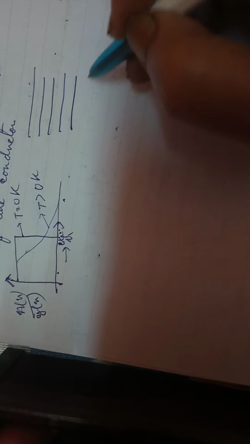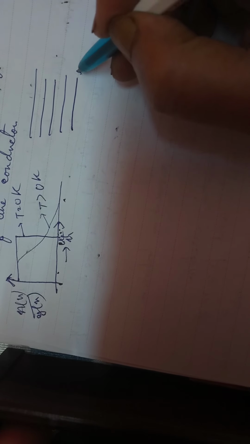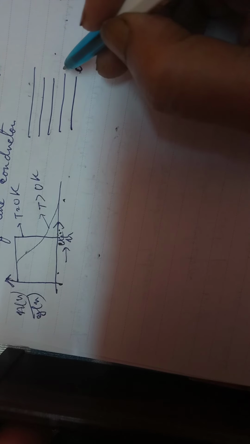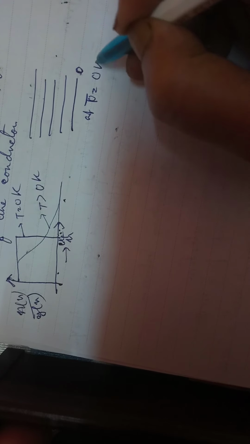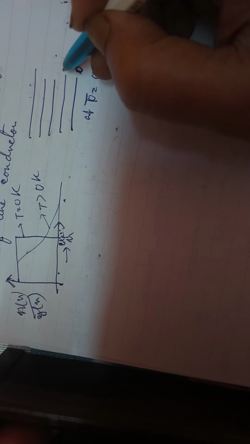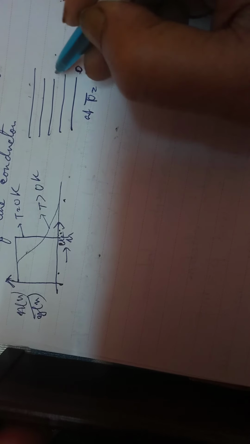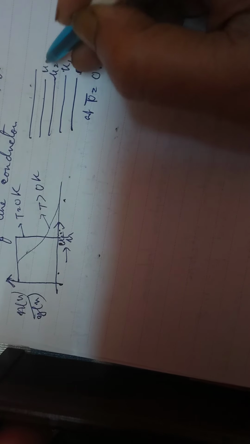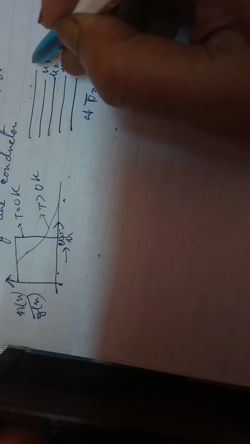If I draw the energy levels like this, at T equal to 0 Kelvin, this is energy level 0, then you have U1, U2, U3, U4, and it goes on up to UF.